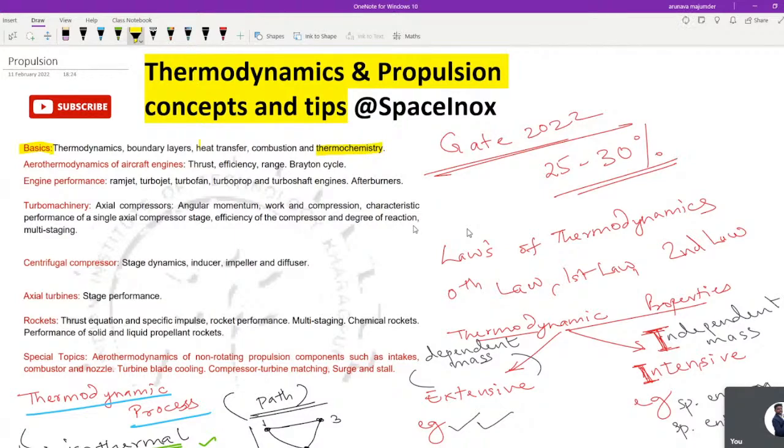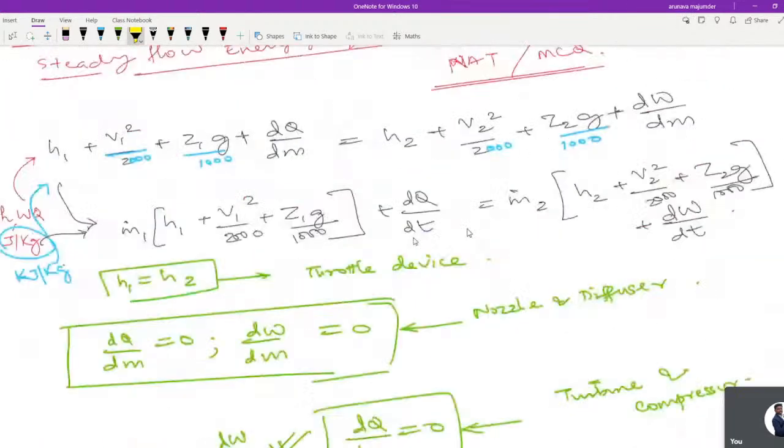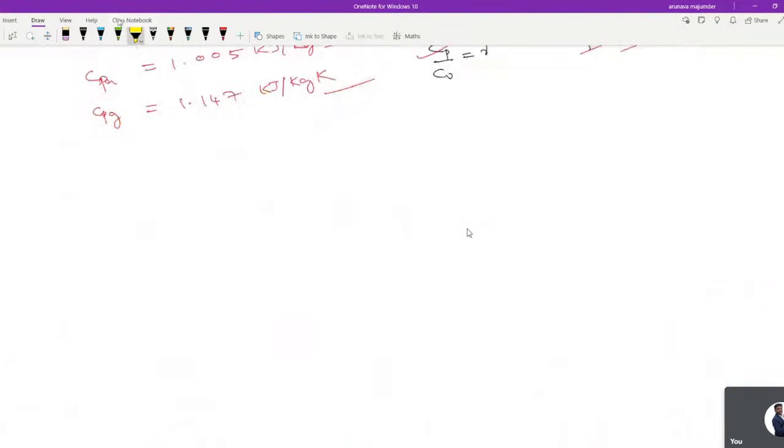Okay. So coming to the point of thermochemistry first, what are the things you have to remember? It's a very small topic.